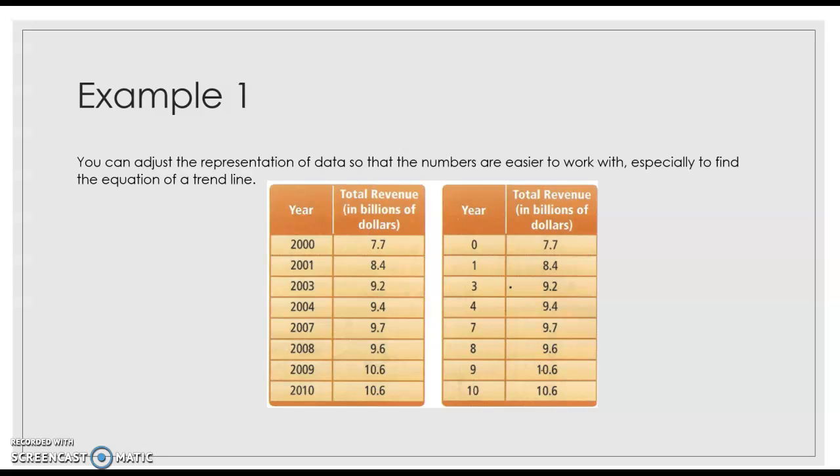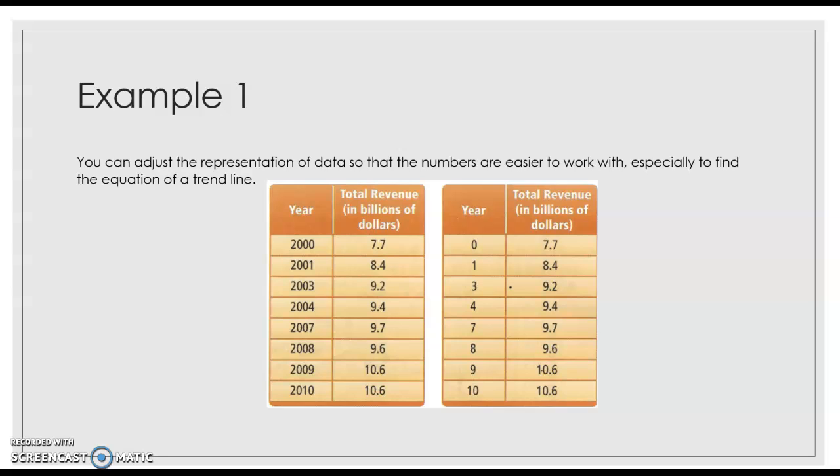So that's something to keep in mind, because the year number is coming from how many years after what we're calling year 0. If we were to call year 0 1998, then 2003 is not going to be 3. It's actually going to be 5, because 2003 is 5 years after 1998.